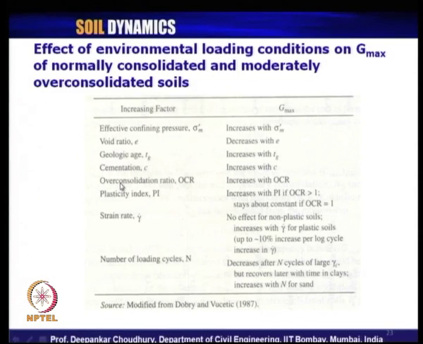What happens if over consolidation ratio increases? Just now we have seen, obviously, if over consolidation ratio increases, the G max value also will increase, because over consolidation ratio increases means earlier the soil was subjected to higher load. That is what is meant by over consolidated soil.